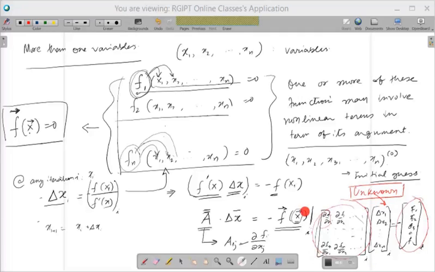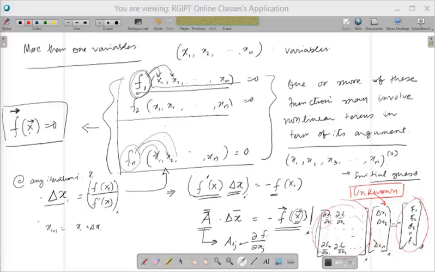I can solve it by a linear solver, and you are probably familiar with how to solve linear systems using Gauss-Seidel or Gauss elimination, etc. Please review that. If I give you a system, you should be able to solve it. So that's how you update your delta x's.